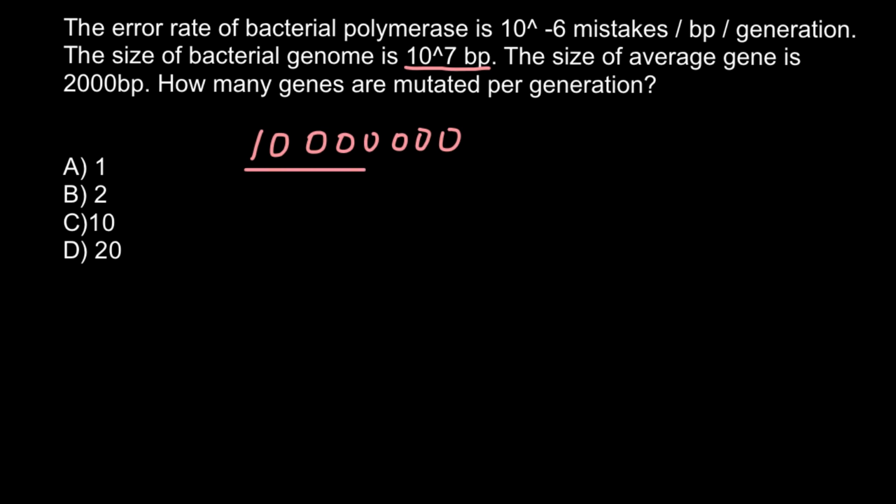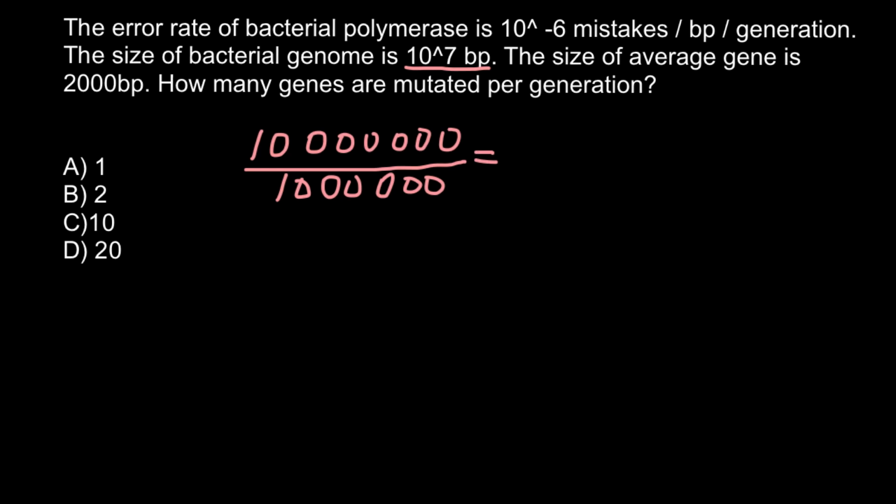And we have to divide by the probable rate of mistakes per one base pair, which is going to be 1 in a million. So we have to divide by 1 million.